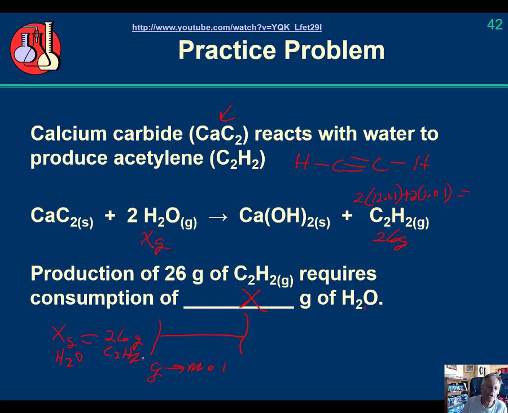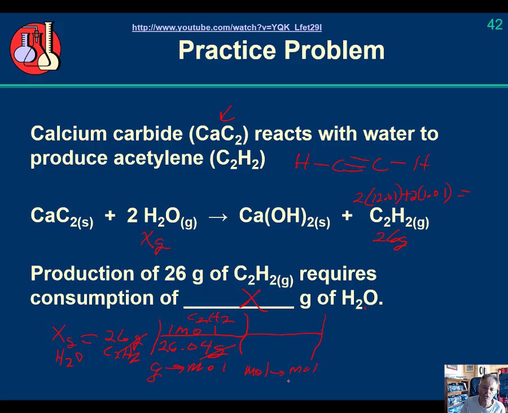And that gives me 26.04 grams for every 1 mole of C2H2. When I multiply and divide across, the 26 grams of C2H2 cancels, and I wind up with moles.